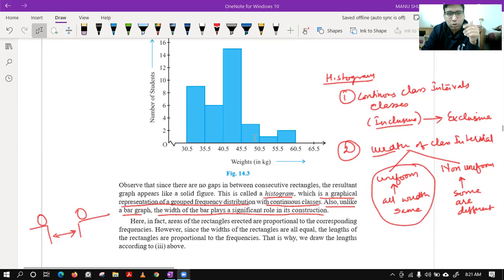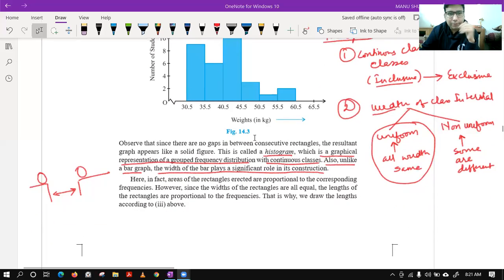If you have read these concepts, as I've told you, you would have got this earlier also. Let's see. Here they are saying the areas of rectangles erected are proportional to the corresponding frequencies. Class, this is the reason behind width. In the bar graph, we were not taking into consideration the width of these rectangles, but in a histogram, these widths are important.